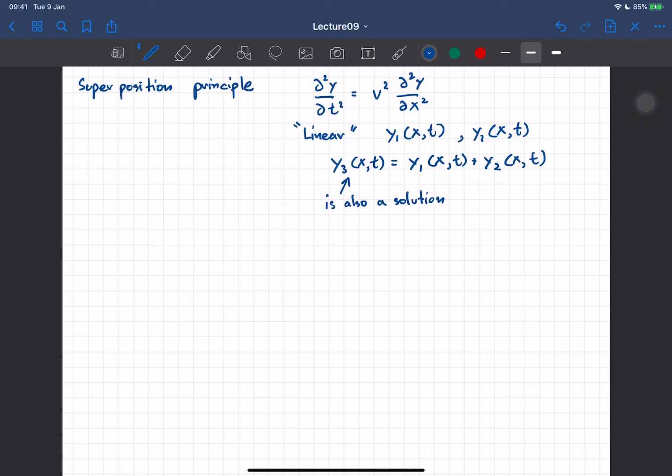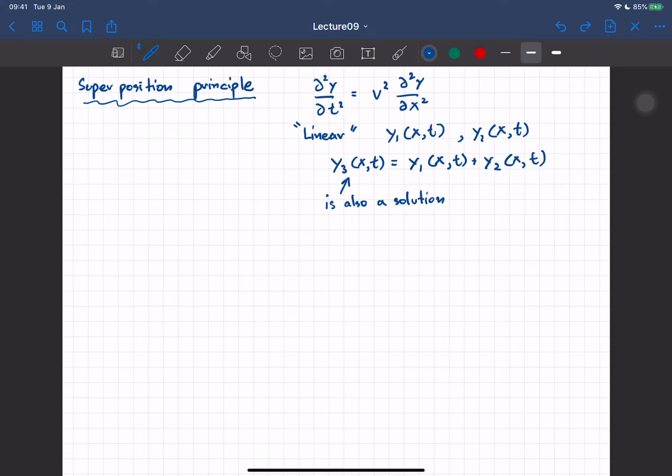Okay, so this is what I mean by linear. You can come up with a new solution by adding or combining other solutions. That's the underlying principle of the superposition principle, because if you have one wave and another wave, then you are sure, because of the linearity of the wave equation, that when you add the two waves together, the new wave is also a valid wave, because the new wave is a solution of the wave equation.